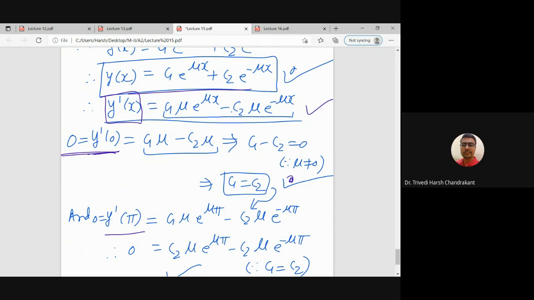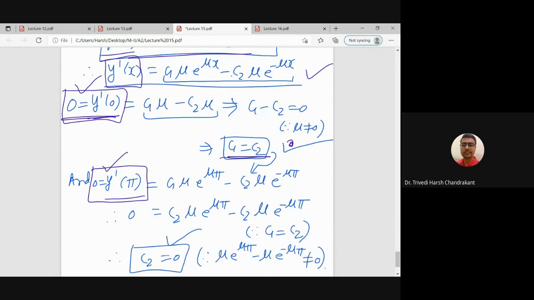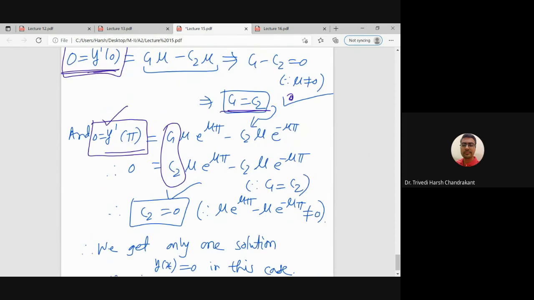So all the solutions y(x) satisfying this boundary condition must have c1 equals c2. And the solution which satisfies this first condition along with the second condition, where c1 equals c2, we have substituted here. So essentially we get c2 to be 0.